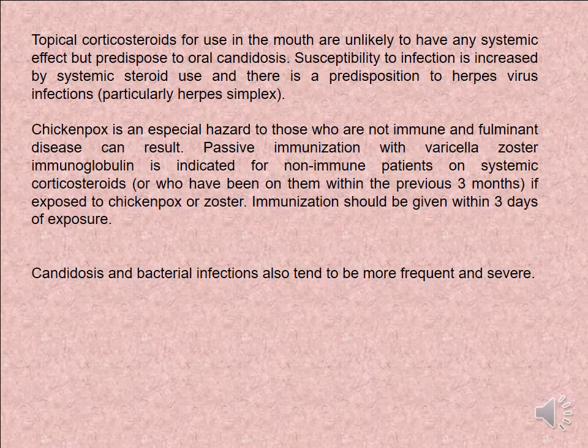Passive immunization with varicella zoster immunoglobulin is indicated for non-immune patients on systemic corticosteroids or who have been on them within the previous 3 months. If exposed to chickenpox or zoster, immunization should be given within 3 days of exposure. Candidosis and bacterial infection also tend to be more frequent and severe in tuberculosis patients.